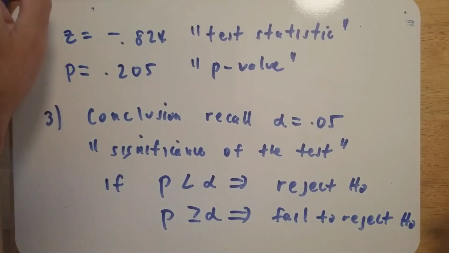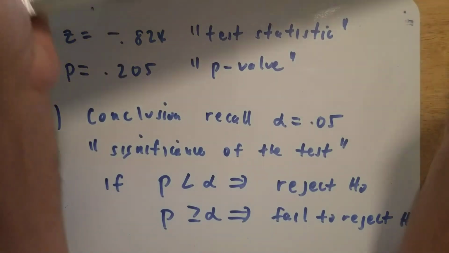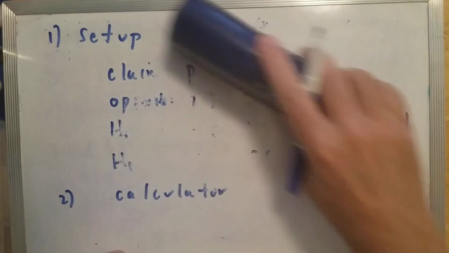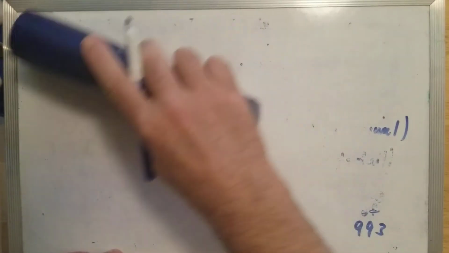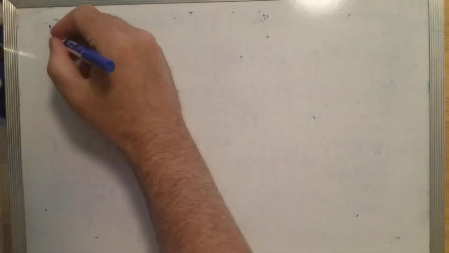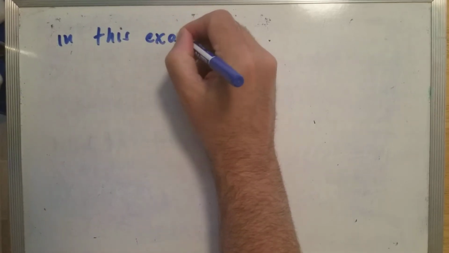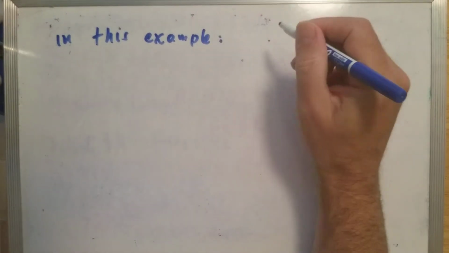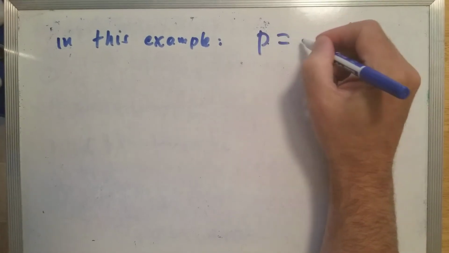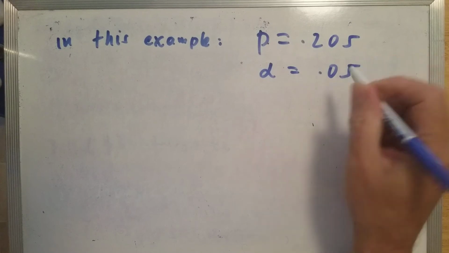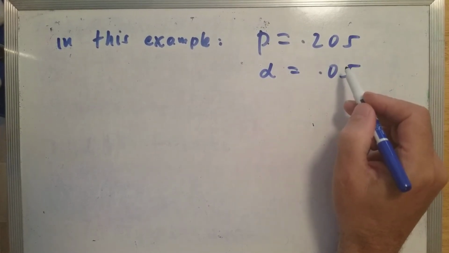Now, in this example, P was 0.205, alpha is 0.05, so P is greater than alpha.